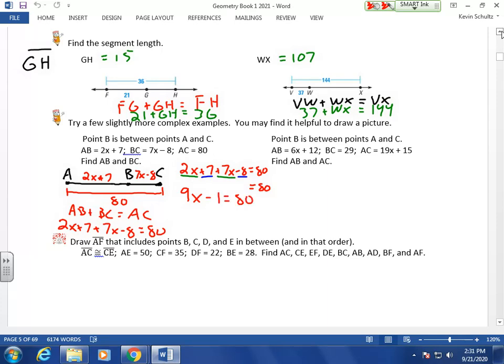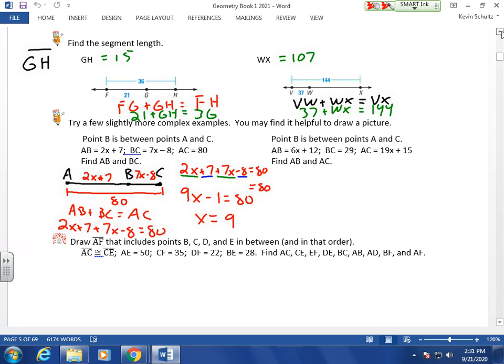And so we have the two-step equation, 9x minus 1 equals 80. Now it's add 1, divide by 9, right? And we get a value of x equals 9. So the algebra does come up a little bit, but not too bad yet.